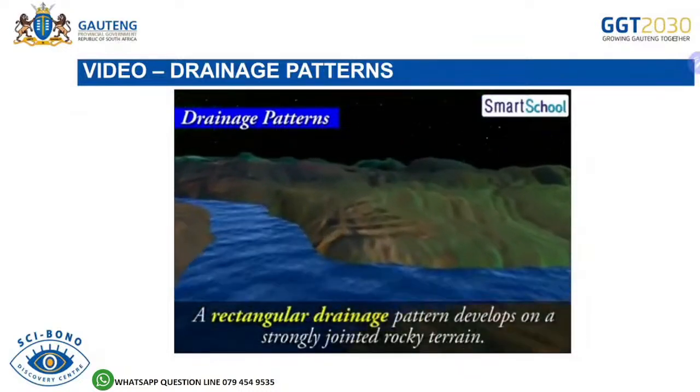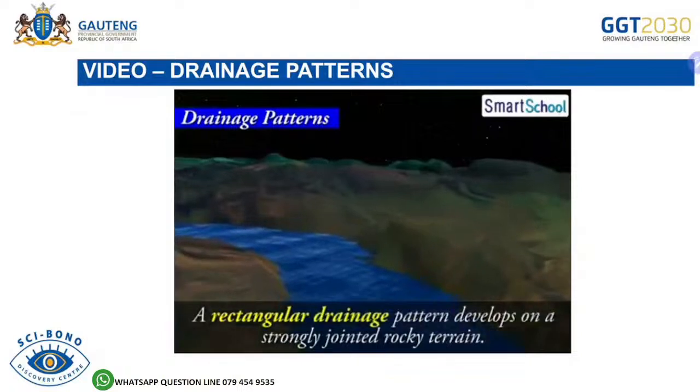A rectangular drainage pattern develops on a strongly jointed rocky terrain.